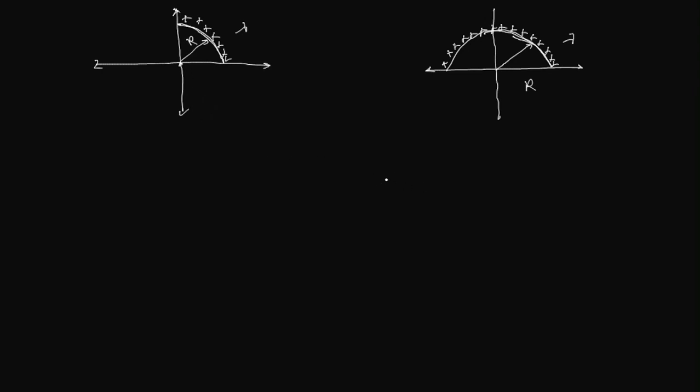Or maybe the examiner may ask what will be the electric field for this type of arc. Now the charge distribution may be uniform or non-uniform. That will be given in the questions.